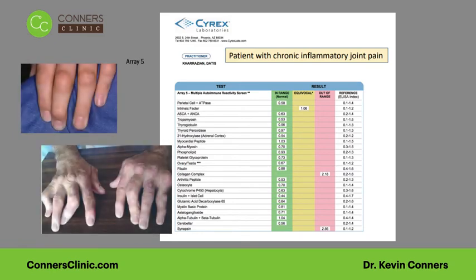So this person, if this was the blood test, array 5, from the person with the younger hands there, that could be the reason exactly. The collagen complex, definitely. So if they have changes in their joint capsule, then we know that that is coming from the collagen complex.